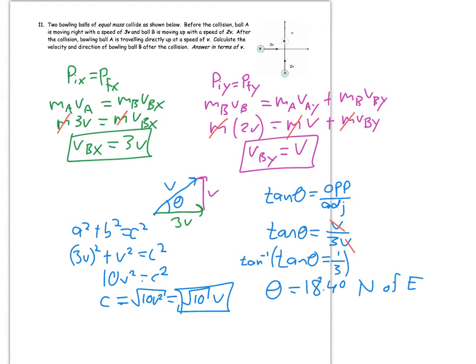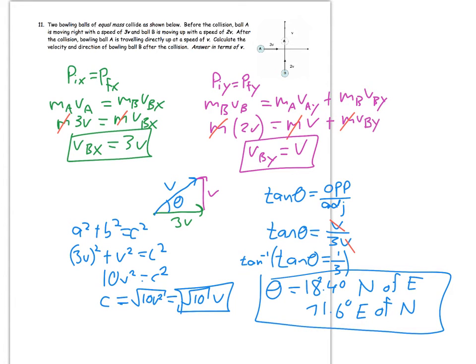Now, depending on how you set it up, if you flipped your triangle and went north first and then east, you would get an answer of 71.6 degrees east of north. So either one of those answers is acceptable for your angle.